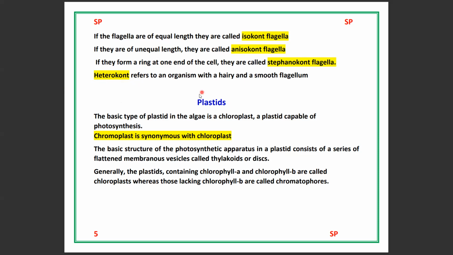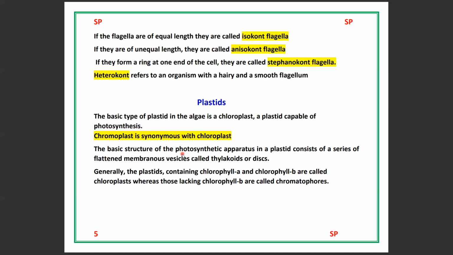And another feature that plays a key role in the classification of the algae is the plastids. The basic type of plastid in algae is the chloroplast, a plastid capable of photosynthesis. Chromoplast is synonymous with chloroplast.